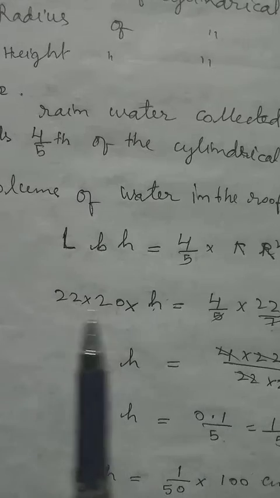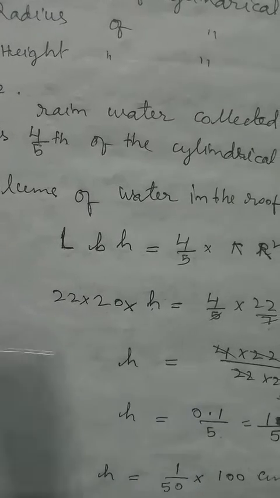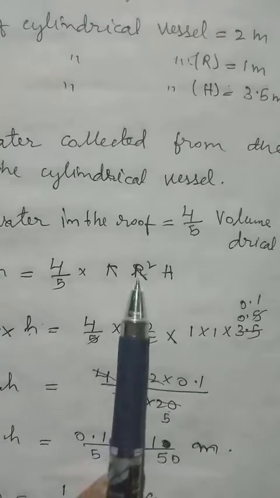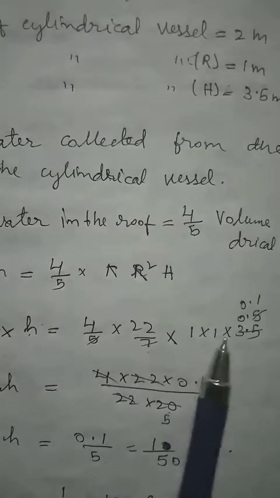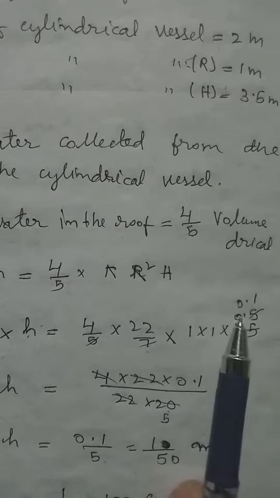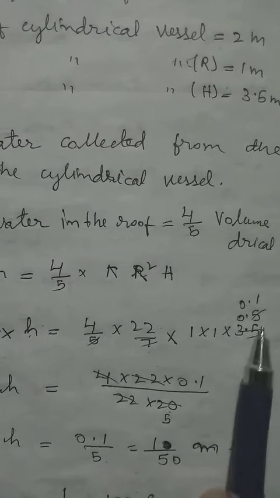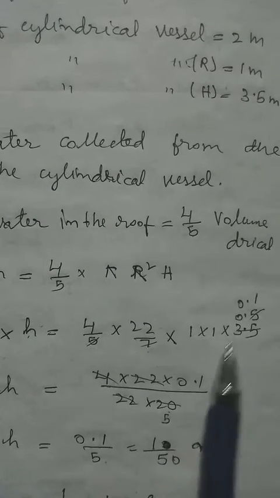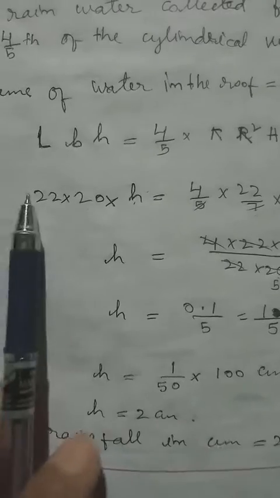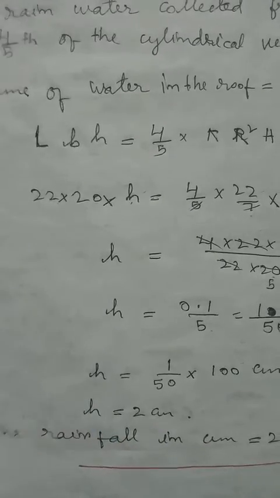So length we know 22, breadth we know 20, height we still have to find. Then here r we know 1 into 1, height 3.5. So 7 we divide here will be 0.5. Then 5 divide will be 0.1. So if we multiply all, we want h. So these two which are up, we can cross multiply down.